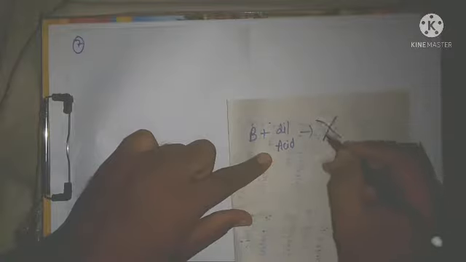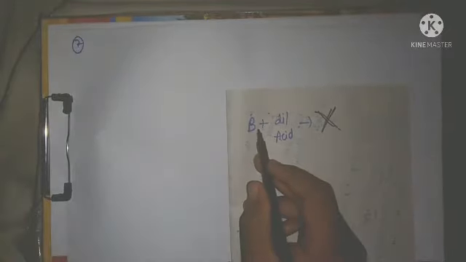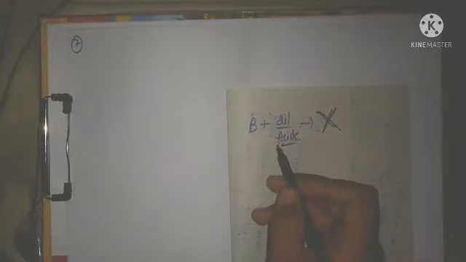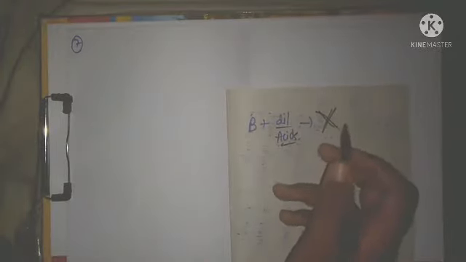7th one is, now just check here, I take rough paper. Here, boron plus dilute acid, there is no reaction. Boron is not reacted with the dilute acids.